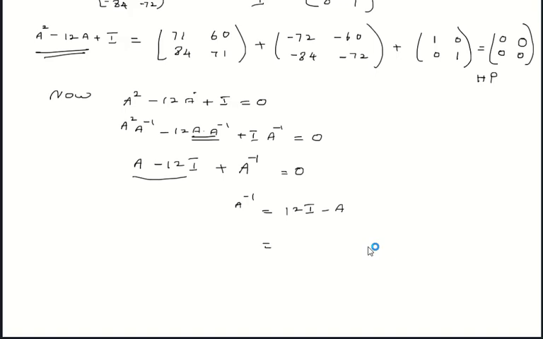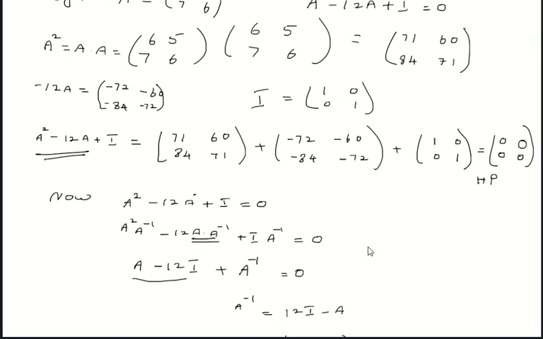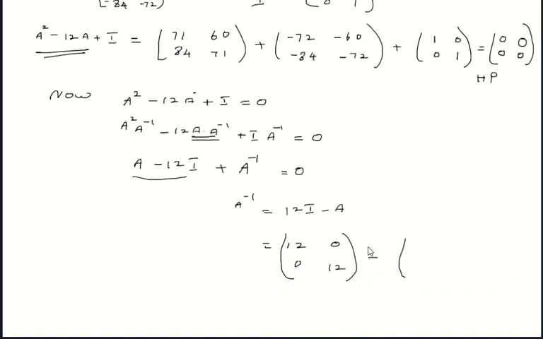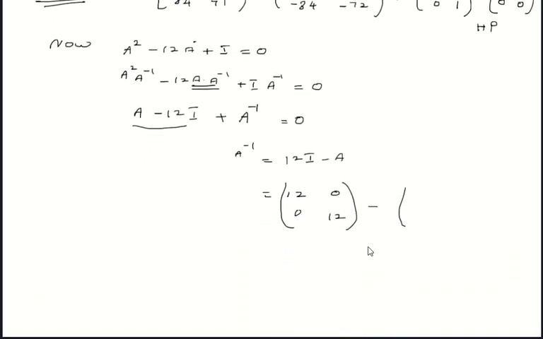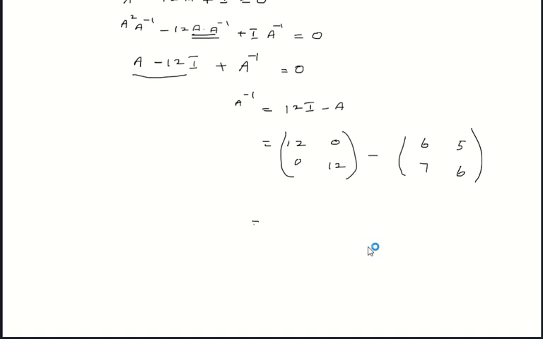So I can compute 12I, which is nothing but 12 0 0 12, right? So this is 12I minus what is A matrix given as in this sum. It is 6 5 7 6. In matrix subtraction, corresponding elements can be subtracted.